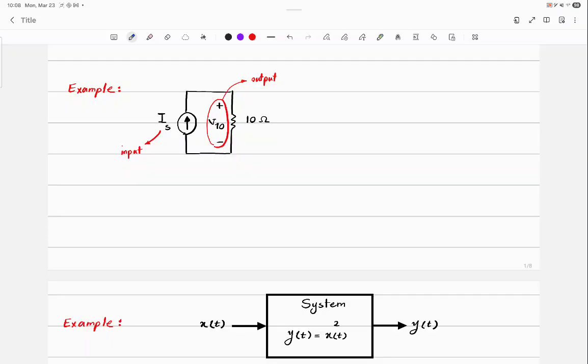Can someone tell me what this system is doing to the input to give out the output? You don't have to complicate things. Just look at the circuit and find the relationship between the output and the input. What is the relationship? It's multiplying it by the resistor value. Yes. Do you agree with that?